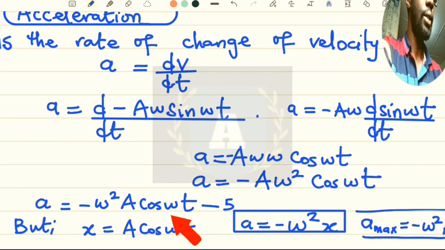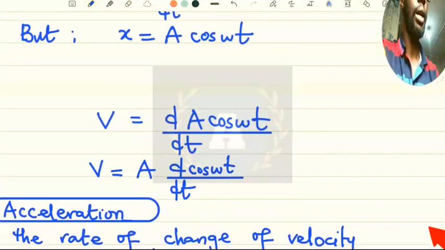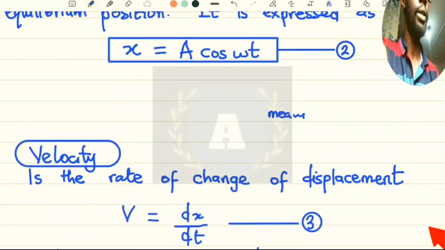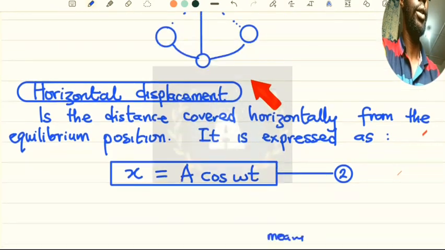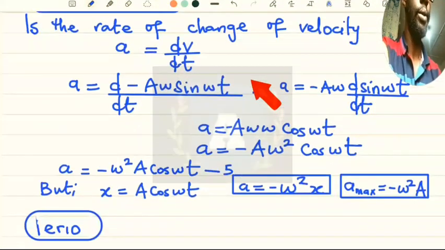That is when the body will experience the maximum acceleration, when it is at the terminal displacement, like we have in this diagram here.